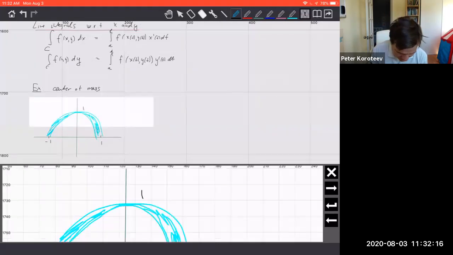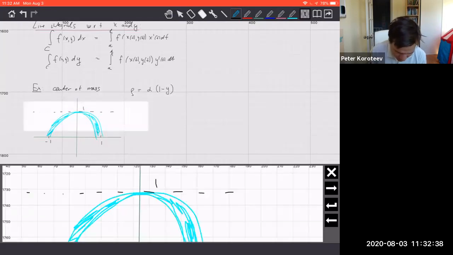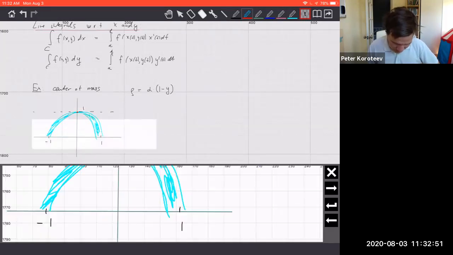The density is proportional to the distance to the line y equals 1, so it's equal to some coefficient alpha times (1 minus y). At this point it's thin, infinitely thin, and then as you approach the y equals 0 line, you have the maximal density.